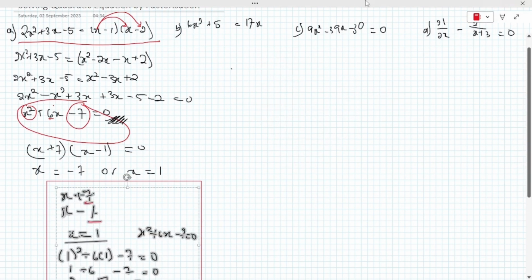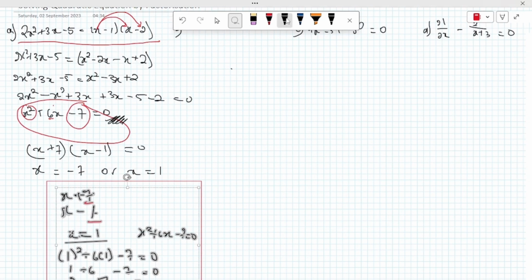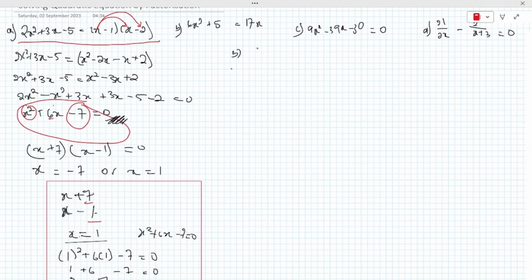So now let's do our second question. Our second question says, choose B. It's 6x squared plus 5 is equal to 17x. Right. So what do you do again?